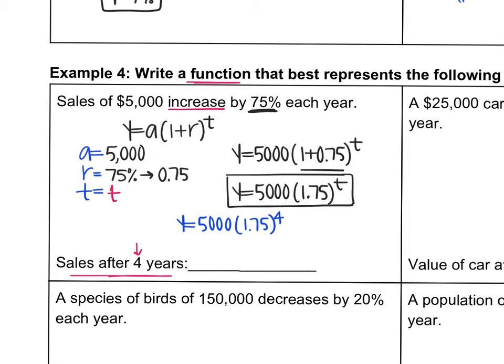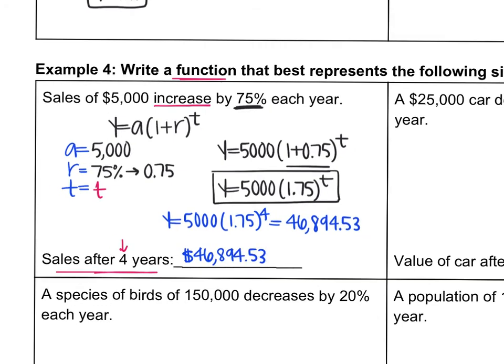I want you guys to actually follow along, so if you're just like, oh, I'll just wait till she's done, why don't you actually grab your calculator and type it in now to make sure you get the same thing. I got 46,894. We're talking about money, so I'll round to 2 decimal places, 46,894.53.